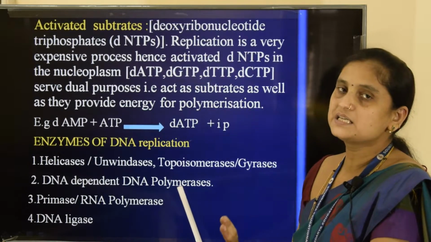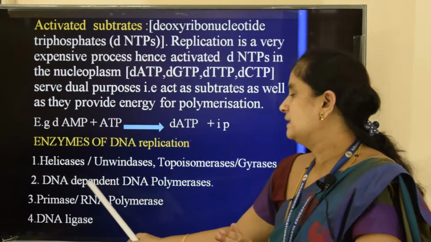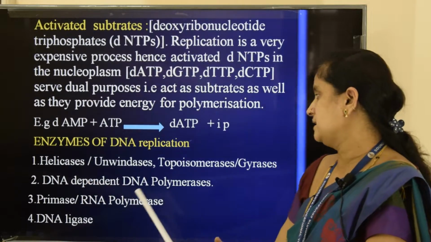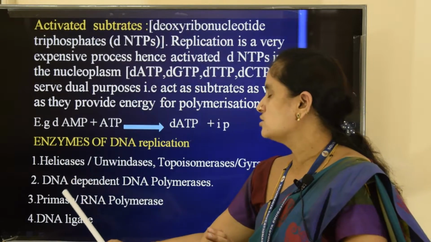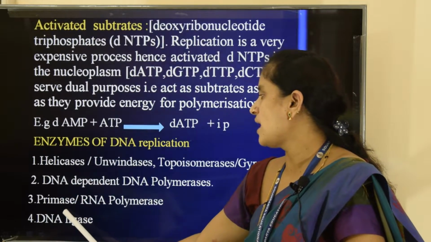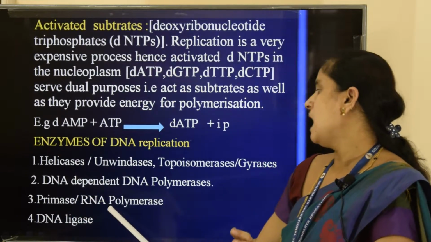As DNA replication is a DNA polymerization process, it requires the group of enzymes DNA dependent DNA polymerases. DNA replication also requires an enzyme called primase, which is commonly known as RNA polymerase.